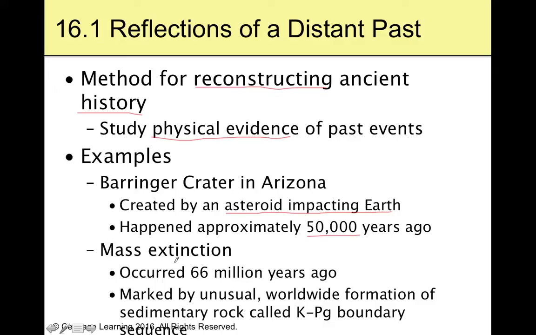There was also a mass extinction in the past that we're putting somewhere around the order of 66 million years ago. And the idea there is that it was marked by this unusual worldwide formation of sedimentary rock called a K, well, I learned it as a KT boundary. Now it's, I guess, a KPG boundary sequence, which means at some point in the world's history, pretty much everything was covered in sediment.